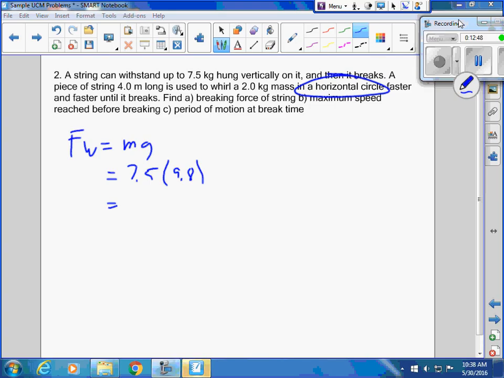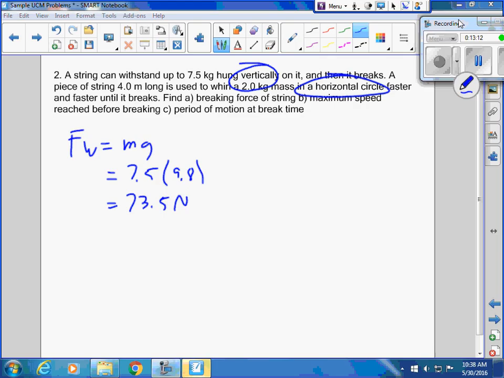Now that's kind of a weird number, it would probably be rated to like 100 newtons or something a little more round. And if it actually could withstand 73, they'd probably rate it at 50 newtons, because they know that there's going to be stupid people trying to extend it. That, of course, exists in the real world. Okay, so be careful when you see the word vertically.